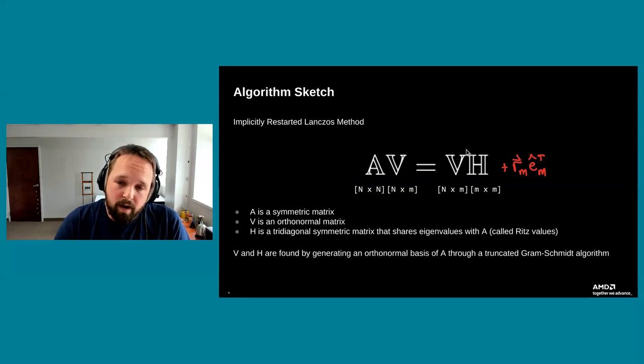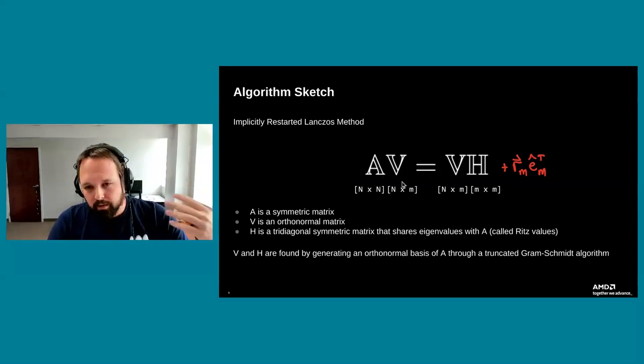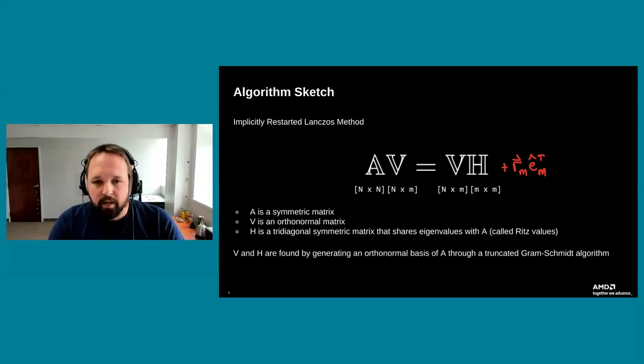There are some unique properties about this relationship. For example, the eigenvalues of H are shared with the eigenvalues of A, and if I find the eigenvectors of H, I can map those to eigenvectors of A. Now, the key point behind the implicitly restarted method is that it is an iterative method, and I've added this little remainder term here that we keep track of when we do this decomposition, because we don't do it completely every time.